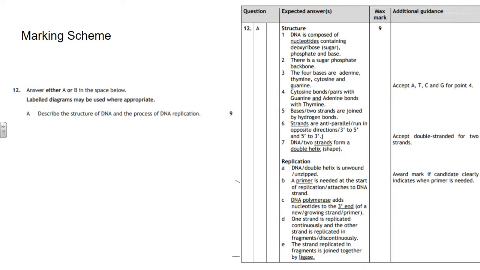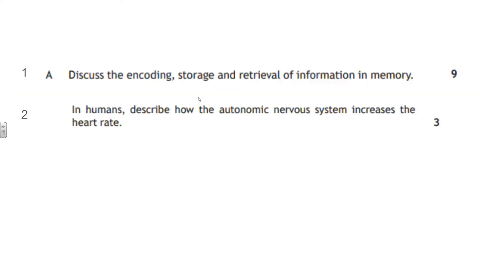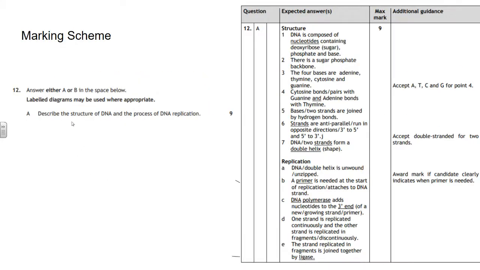I thought it was important to put an example of a marking scheme into the PowerPoint. So I've deliberately chosen one that's not one of the examples. So describe the structure of DNA and the process of DNA replication. So this is something we haven't necessarily covered yet. What the person who's answered this in the marking scheme has done is they've split it into a structure and into a process.